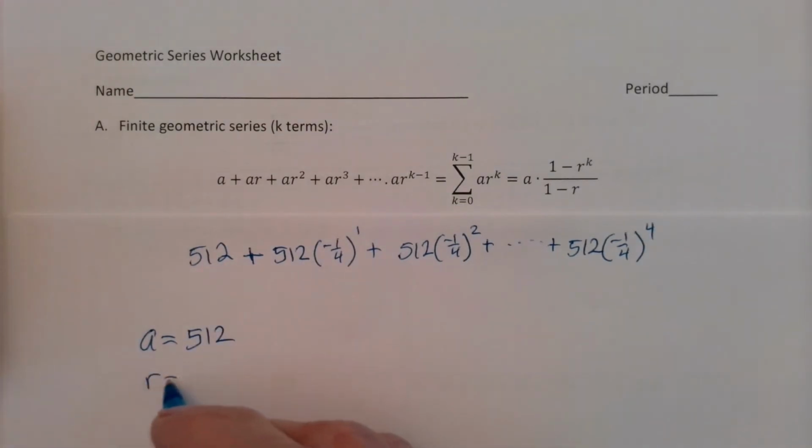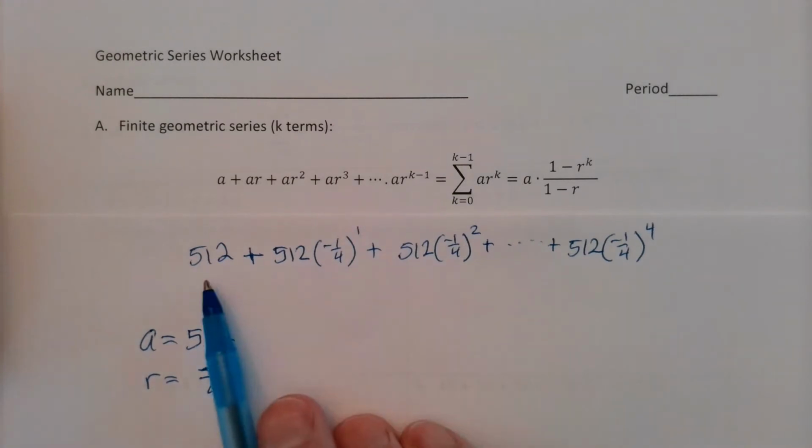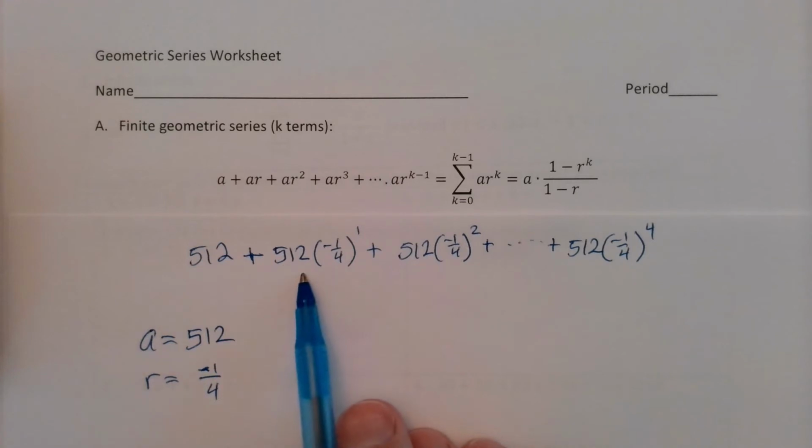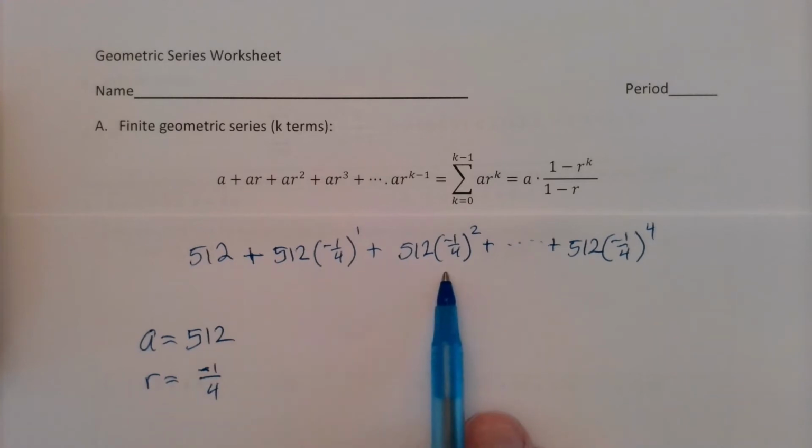The common ratio is negative 1/4, which I think you can see would make this series alternate. You go from a positive 512 to a negative number here, to a positive number here, because squaring negative 1/4 makes positive. So this is an alternating finite geometric series.